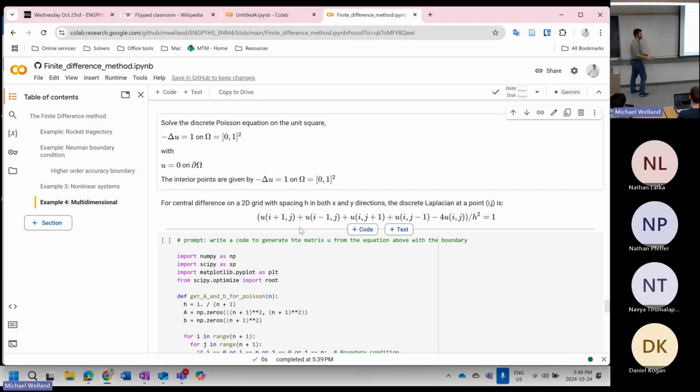I should have put it into the notes. Just like up here, where we said y0, y1, y2, and so on, this is going to be u(0,0), u(0,1), u(0,2), and so on, with rows and columns, then u(1,0), u(1,1), and so on.